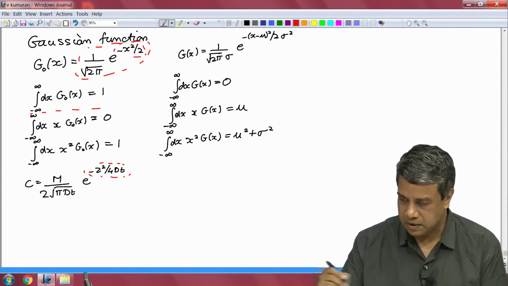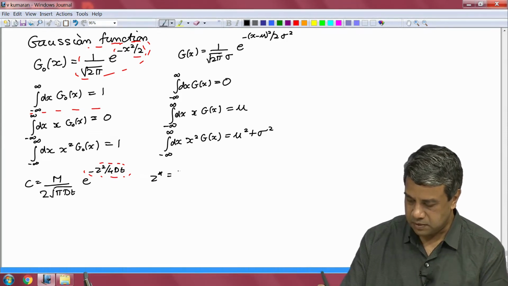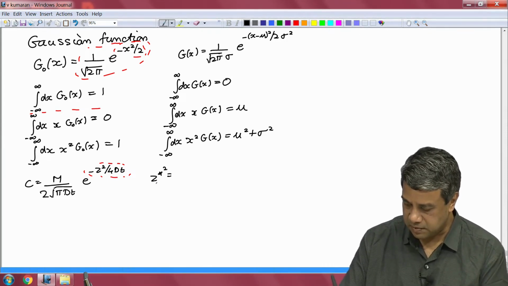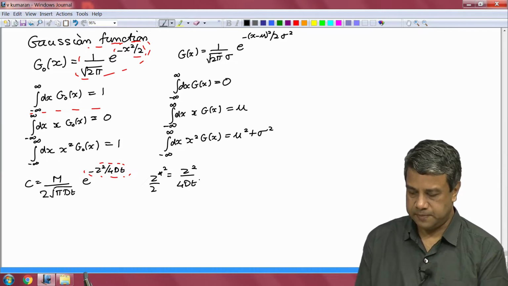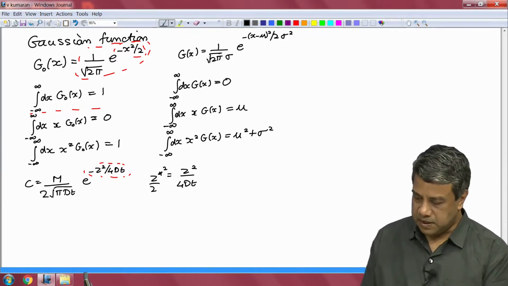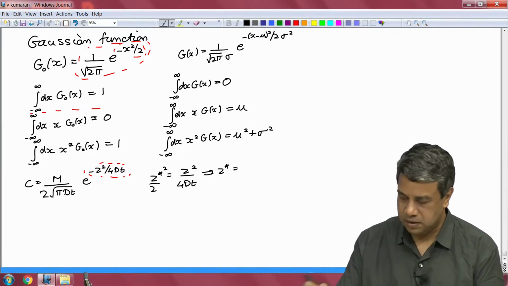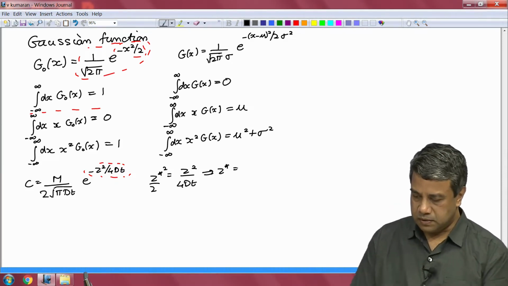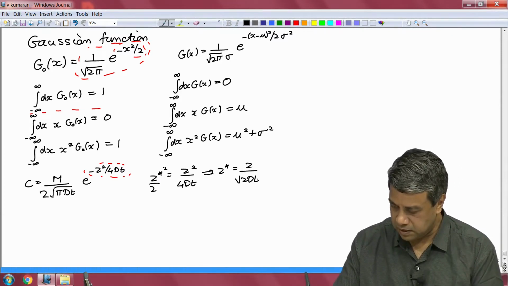So, I write z star square by 2 is equal to z square by 4 dt, which implies that z star is equal to z by root of 2 dt.